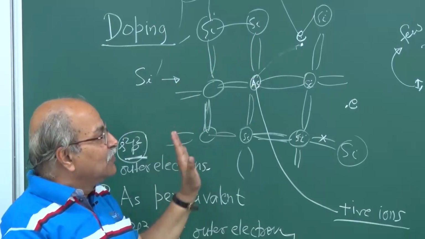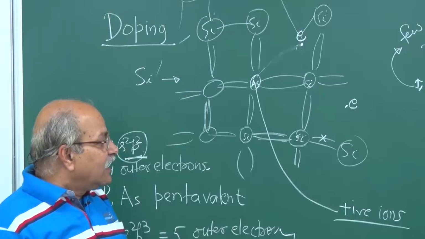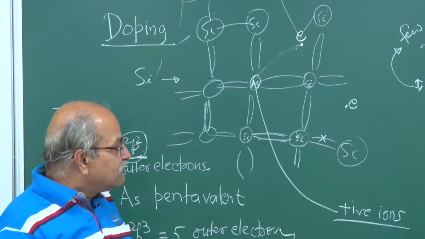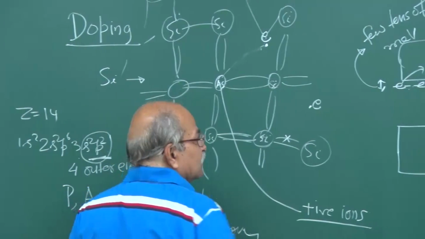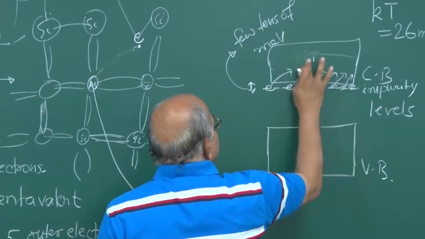So this is how we get a doped semiconductor, and this is pentavalent impurities that we have doped, and in this case you have larger number of electrons here.